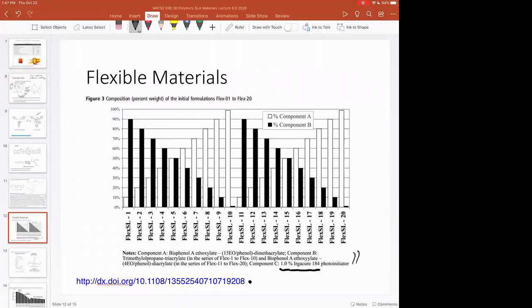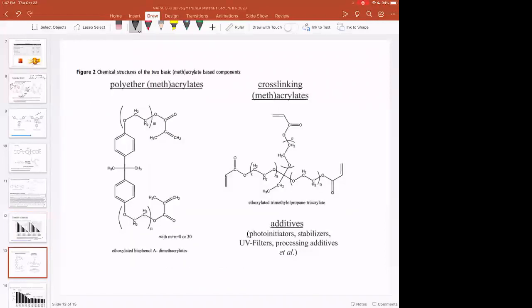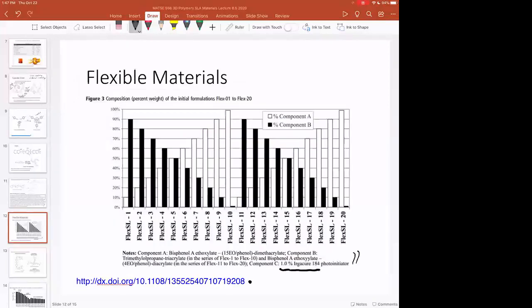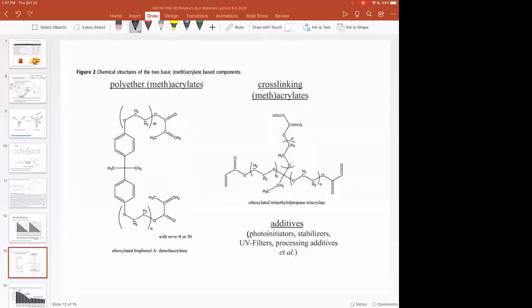And so they're just using a very simple formulation based on this. So they have, I think component A is the bisphenol A ethoxylate. So this is that. So this is A.